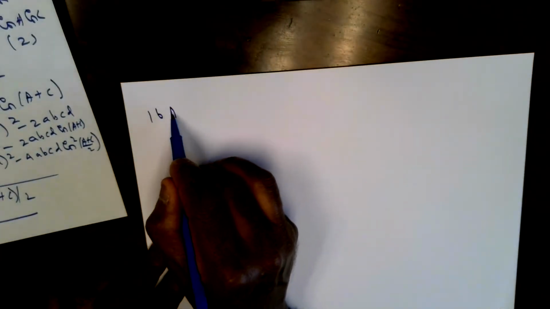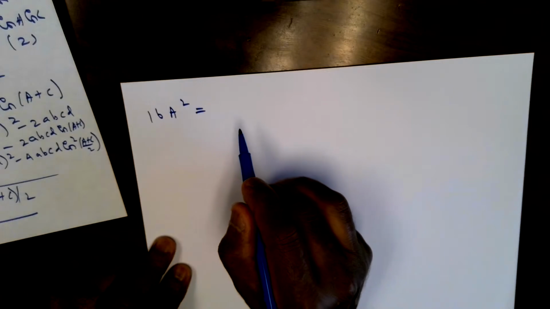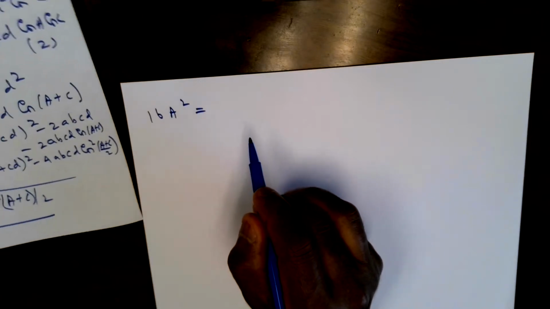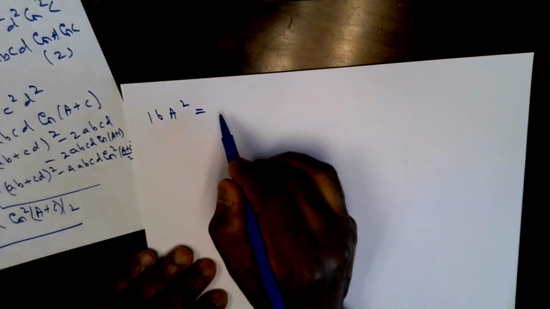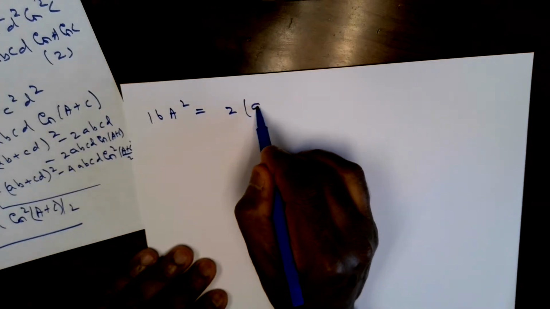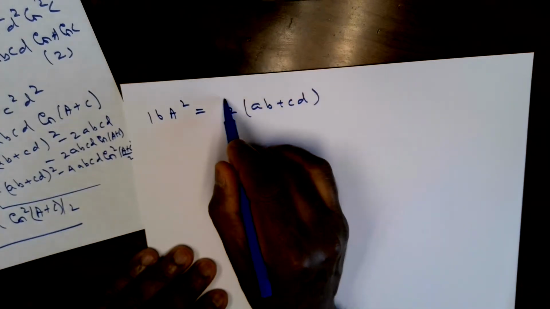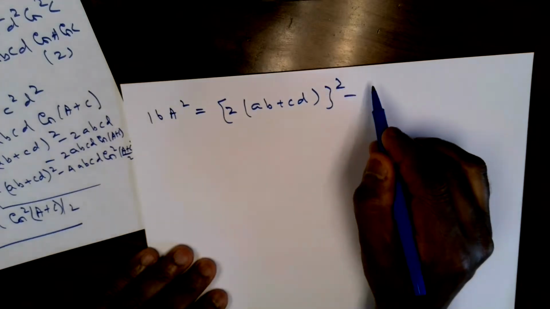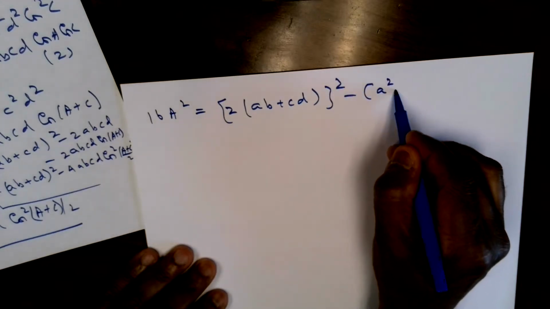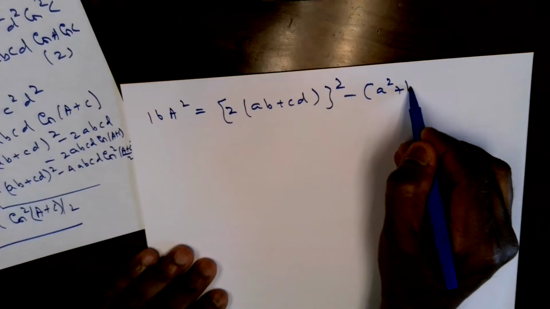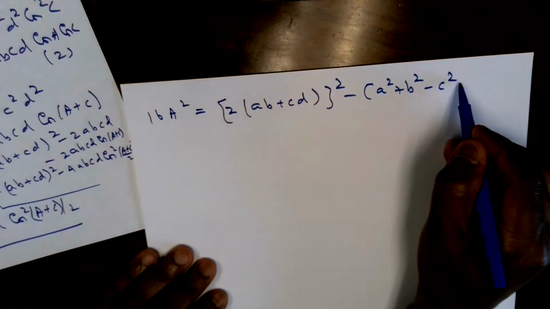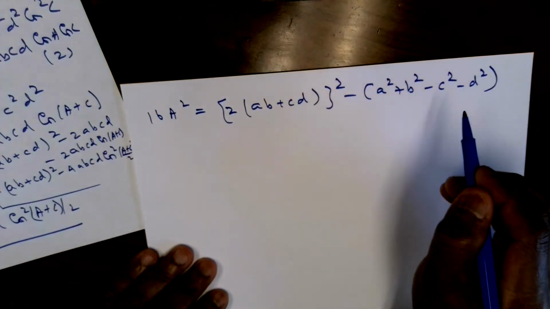So 16p squared is 2 multiplied by ab plus cd the whole squared minus a squared plus b squared minus c squared minus d squared.